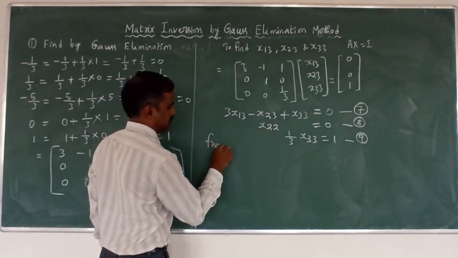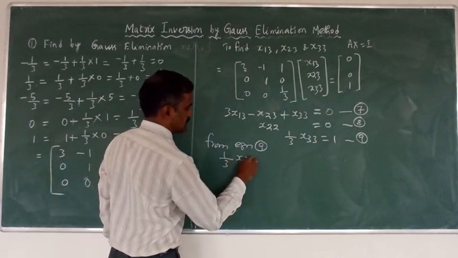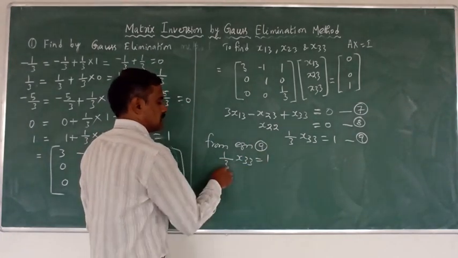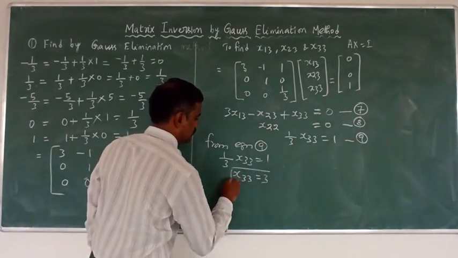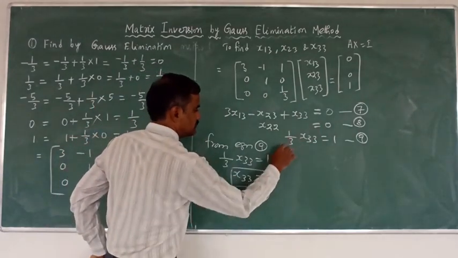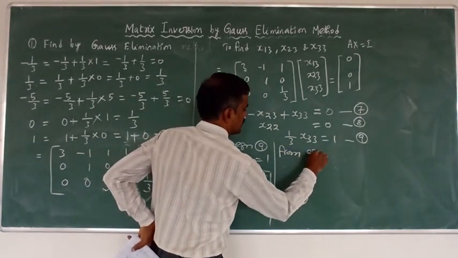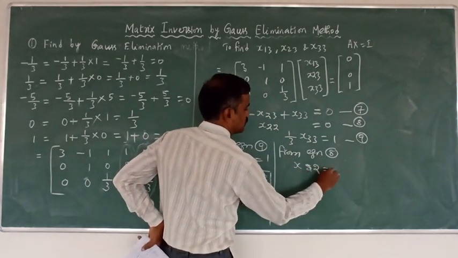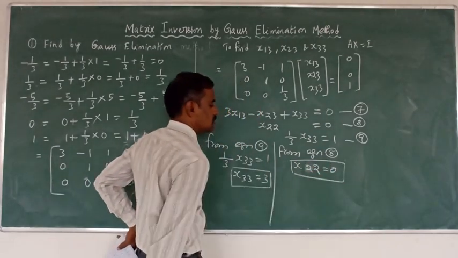From equation 9, 1 divided by 3 x33 equal to 1. This 1 by 3 we can take to the other side, so x33 equal to 3, by cross multiplication. Next, from equation 8, x23 equal to 0.